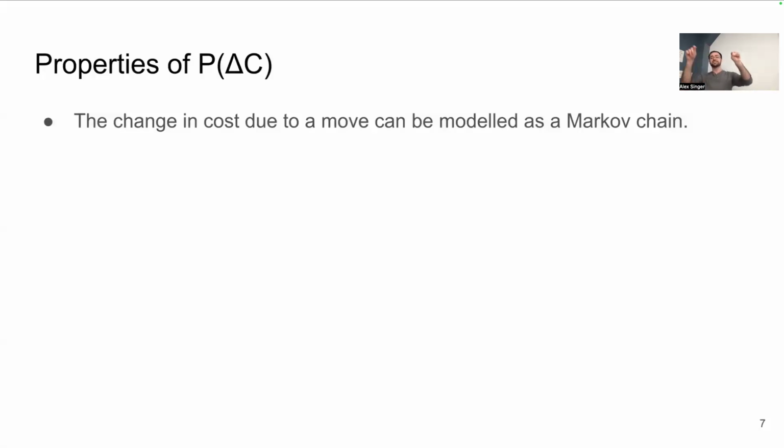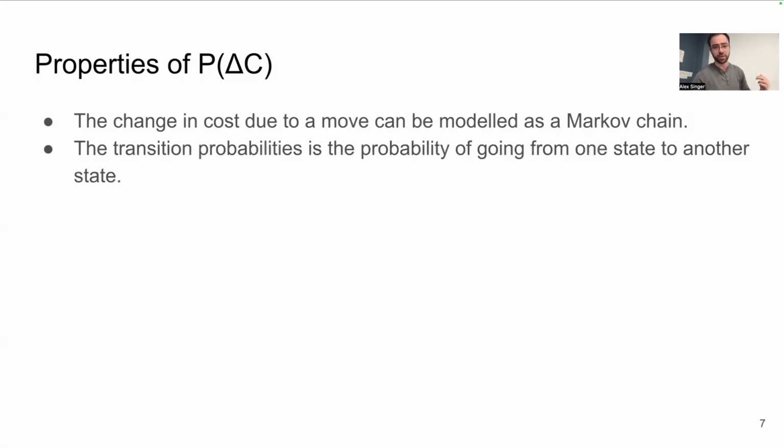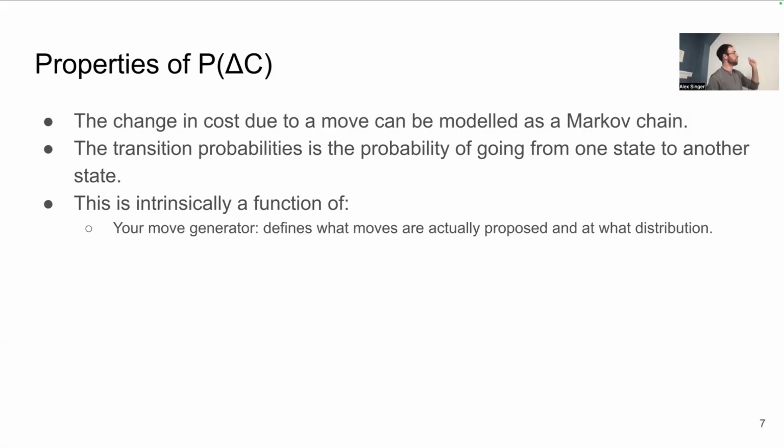As I move from state to state, or from a placement to another placement, there's a probability that I'm going to move from one placement to another. That probability depends on a few things, which we'll talk about. The transition probability is the probability of going from one placement to another. And it's intrinsically a function of the move generator and the temperature.